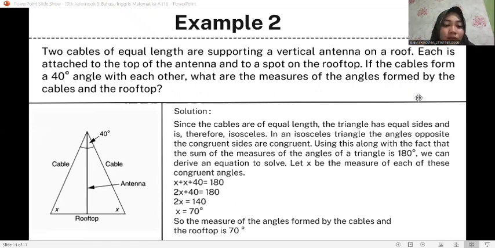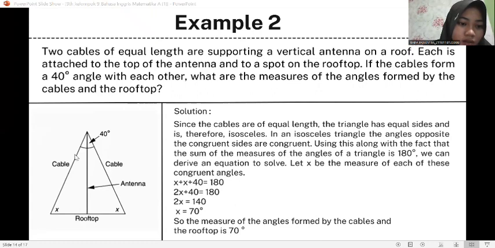So, here the angle is x, this angle is x, and this angle is 40 degrees.